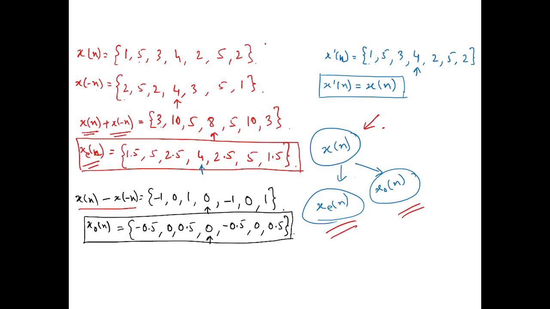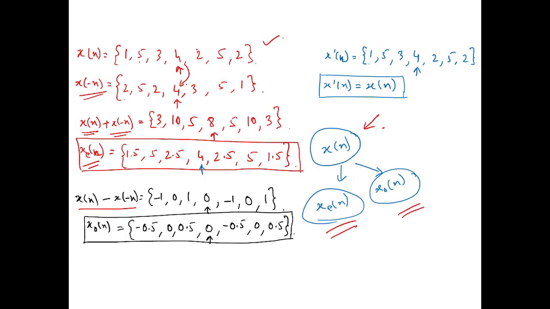Okay, so suppose this is x of n. This is the origin. So 1 5 3 4 2 5 2. If you have to calculate x of minus n, keep the 4 the same and then reverse the values.